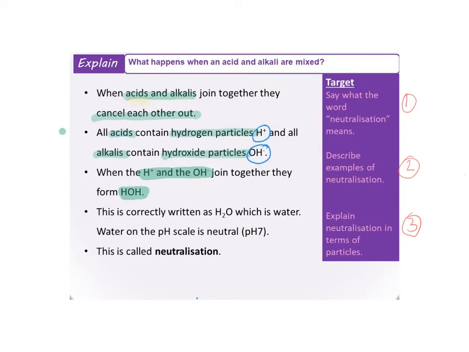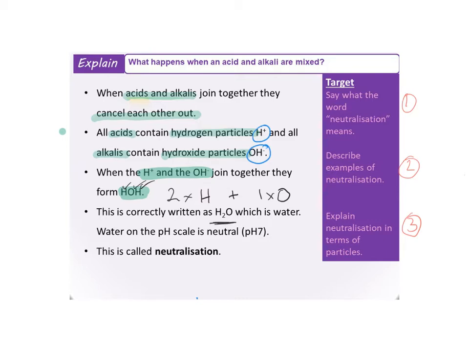And this compound has got 2 hydrogens, because we can see there's one there and there's another one there, but it also has 1 oxygen, which is that one there. And the correct way to write that is to write it as H2O, which is water.